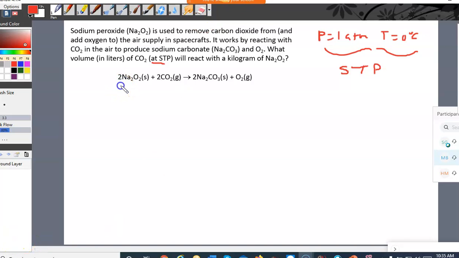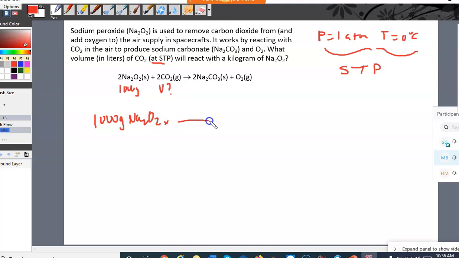So I'm going to convert that to grams. So we start with 1,000 grams of Na2O2, sodium peroxide. And let's see, we were trying to find out what's the volume of CO2. We need the volume of CO2 to react with that. So it's pretty much exactly like the last problem. Start with your 1,000 grams of Na2O2.